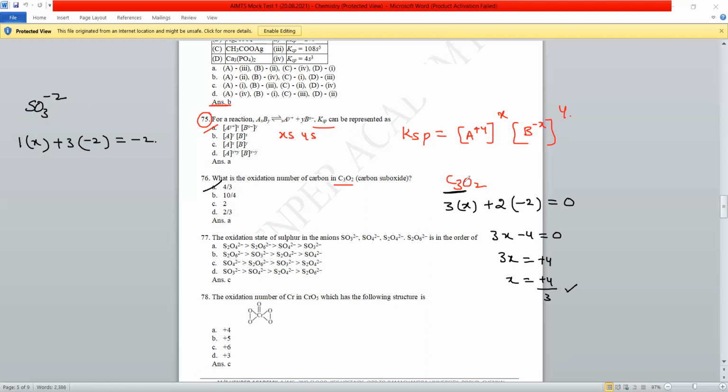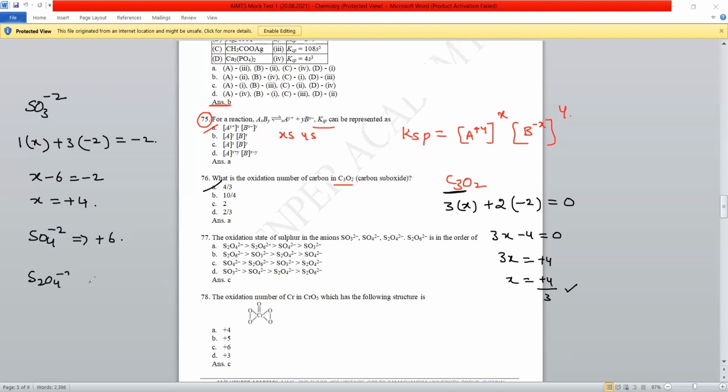Previously carbon suboxide was neutral, so I made it equal to 0, but here it is an anion, so I have taken -2. So x minus 6 equals -2, x equals plus 4. S is in the plus 4 oxidation state. Like that, if you calculate for SO4 2-, the sulfur oxidation state will be plus 6.